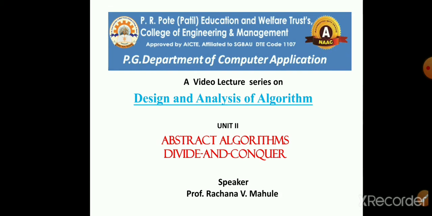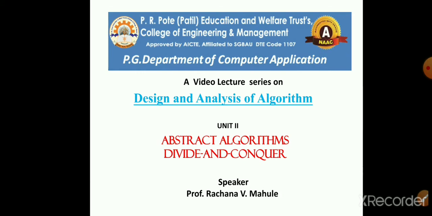In the last lecture, we completed the algorithm for finding the minimum and maximum number from the array, from the list. Today we are going to learn another example of a divide and conquer algorithm, and that is the quicksort algorithm.